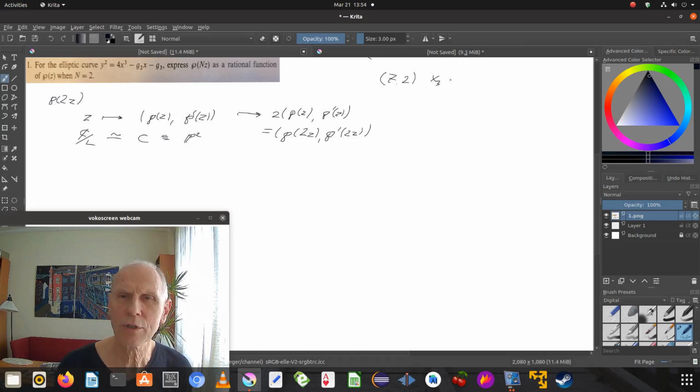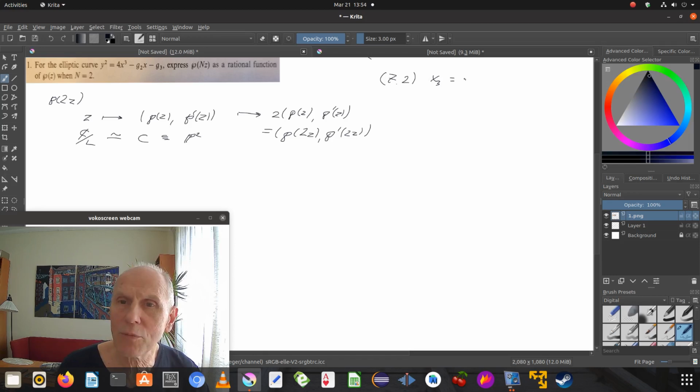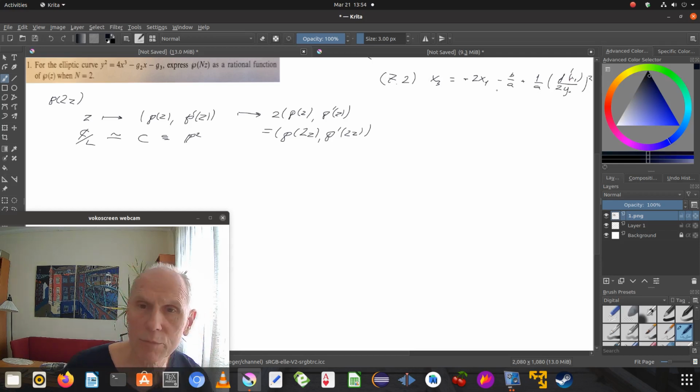The x-coordinate of twice (x1, y1) is minus. Now, I'll just write the formula as it stands, and then we can specialize it afterwards. This seems right.